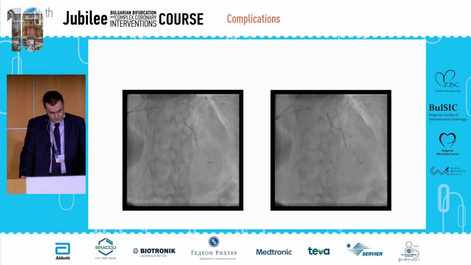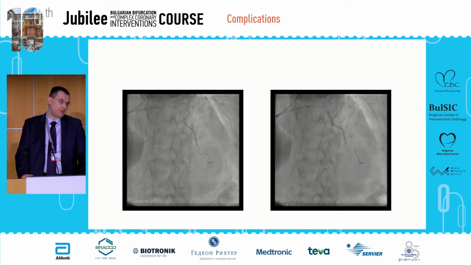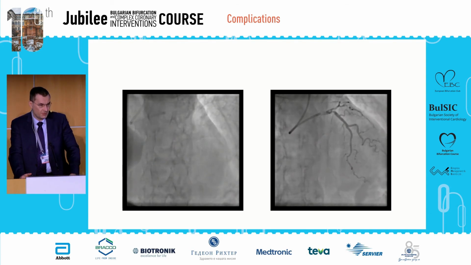We now have around 40 cases with this technique, where we use a balloon for proximal optimization together with a balloon for the side branch, with this type of positioning. And this is the final result for this case.